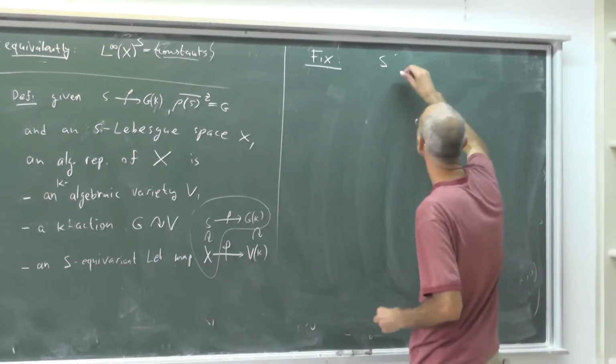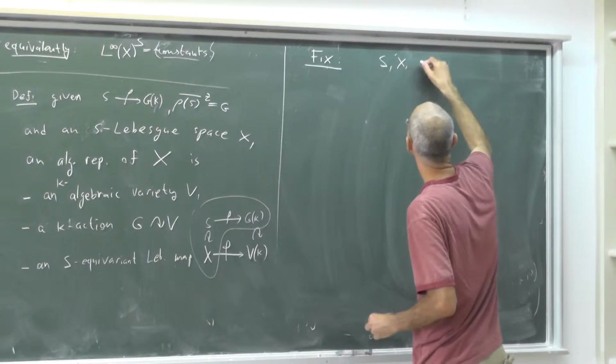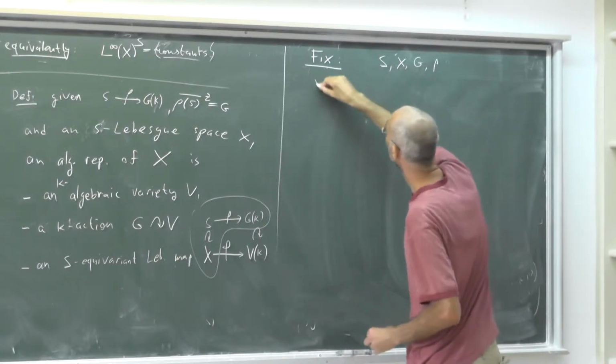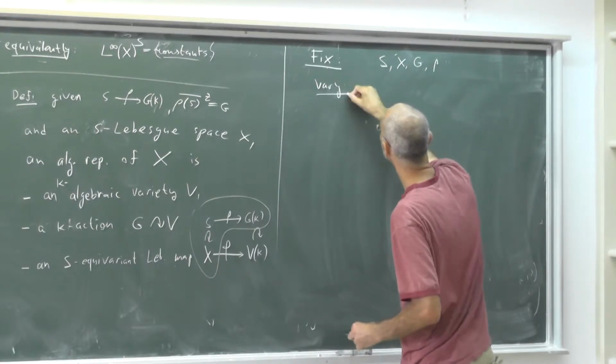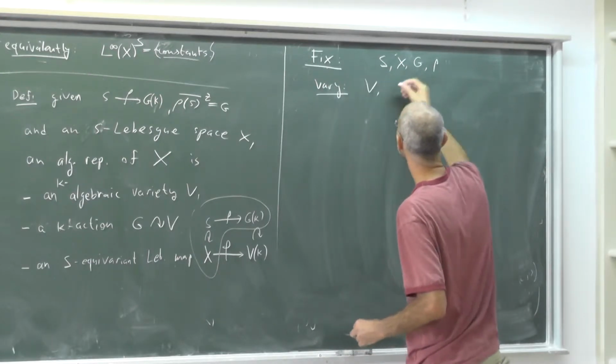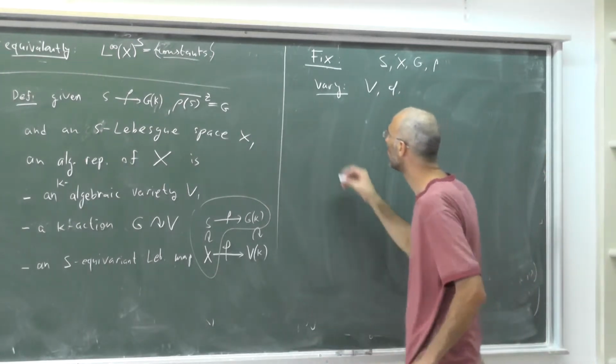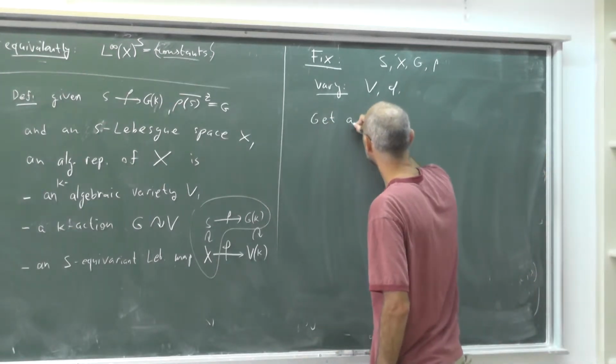So fix S, X, G, and vary V, phi. Get a category.